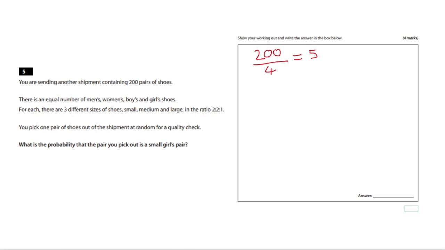So let's do our categories now. I'm going to put the categories on here. So we've got men's, women's, boys and girls. Okay, so 200 divided by 4 is 50. So each category has 50.